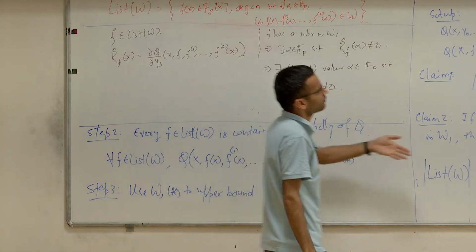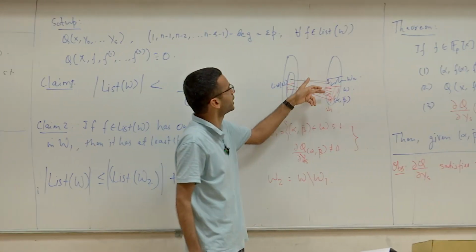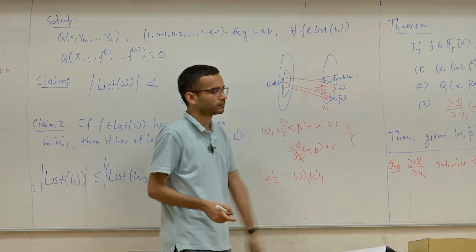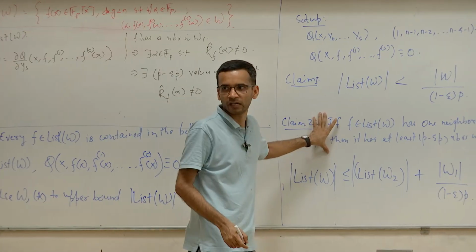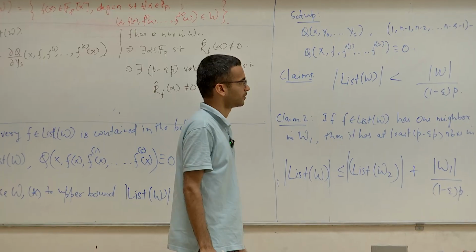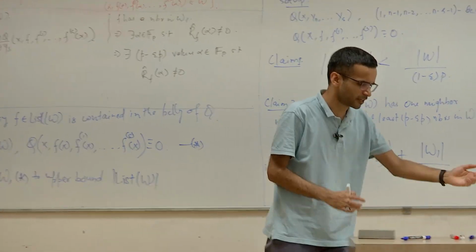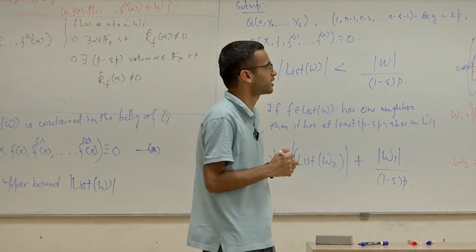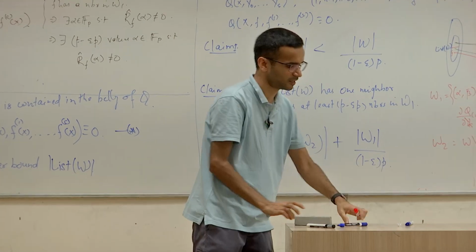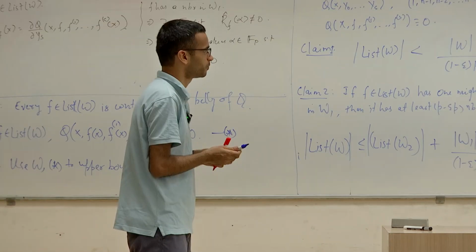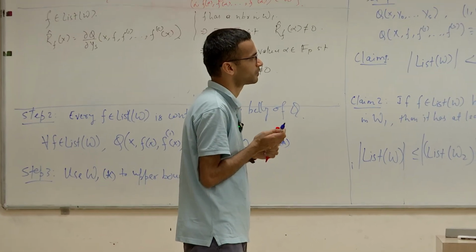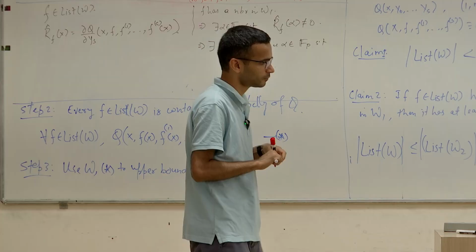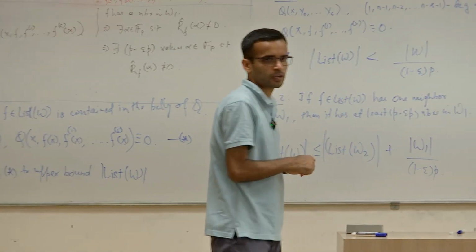But every such alpha is going to give us an edge from F that goes in W1. So that proves this claim. Okay, that theorem we didn't prove. It's something that has been classically known and used zillion times. The proof in the paper is another application of that. It's not hard to prove.